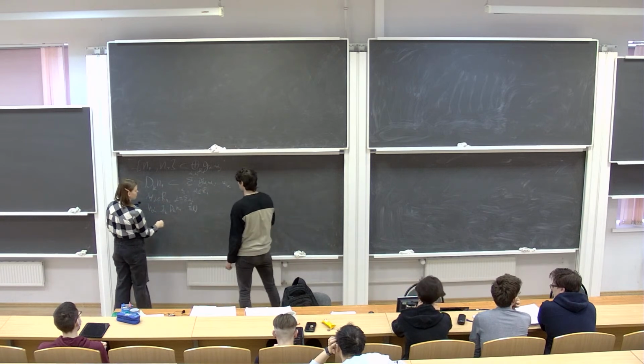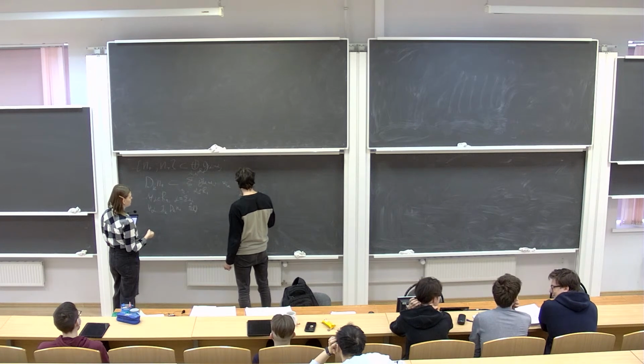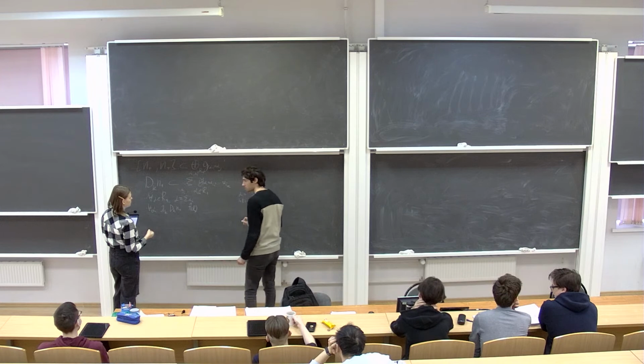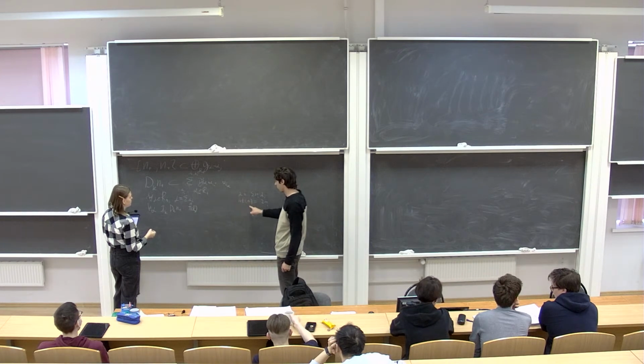So if alpha is the sum of c_i alpha_i, then you define what is called the height, which is the sum over the coefficients, and you would like to choose alpha of maximum height.